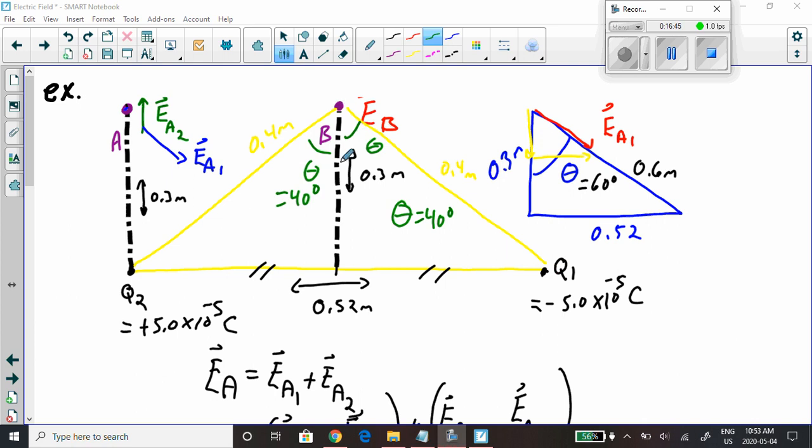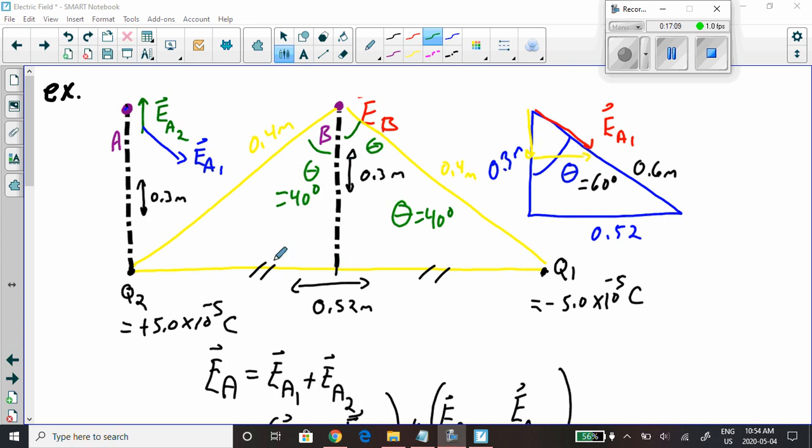Well, what do I know? I know the whole thing is 52 meters, or excuse me, I beg your pardon, 0.52 meters from Q1 to Q2. All right, and I've drawn B so it absolutely positively bisects this.